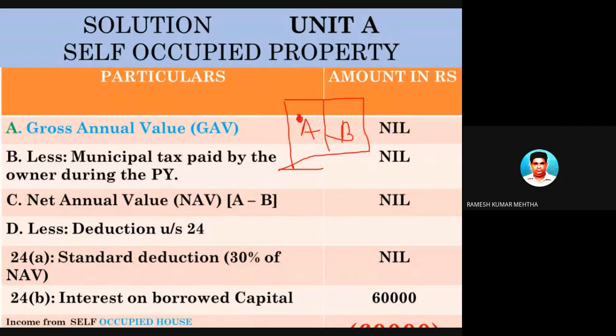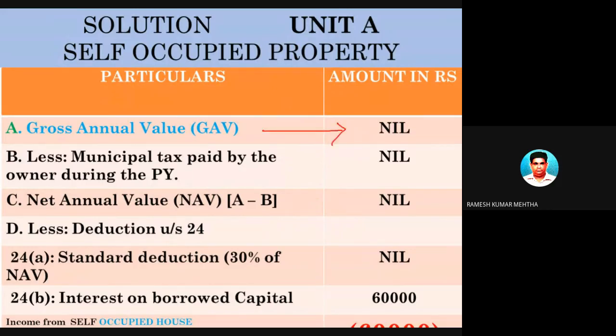As understood in the previous session, a self-occupied house property does not have any rent, and hence the gross annual value is zero.